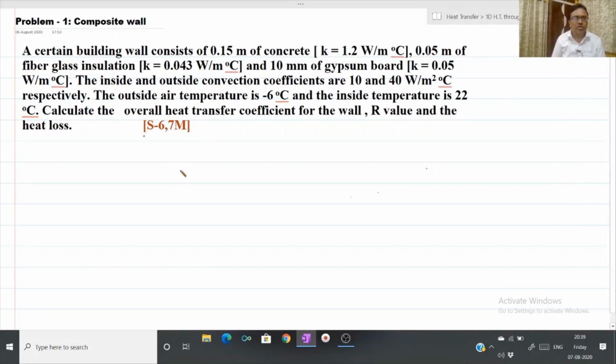So in order to solve the problem, first let us draw the schematic of this problem. Let us say the left hand side represents inside and the right hand side represents outside. Now there is a concrete wall.